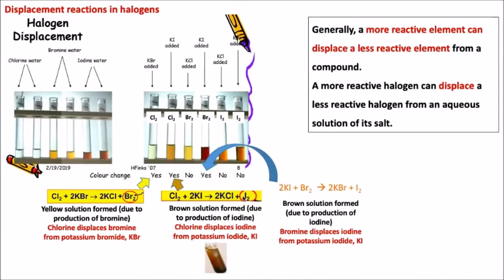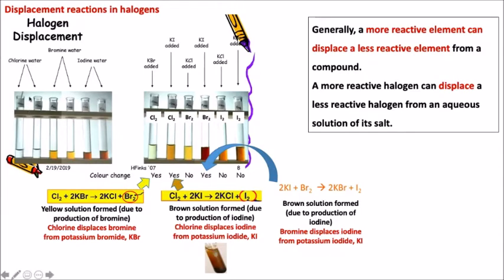Another point is we want to look at displacement reactions in halogens. I've put on here some diagrams with some test tubes. So you can see 1, 2, 3, 4, 5, 6 test tubes on the left-hand side and on the right-hand side. Now, it's very important that you listen carefully before I read out anything to you.